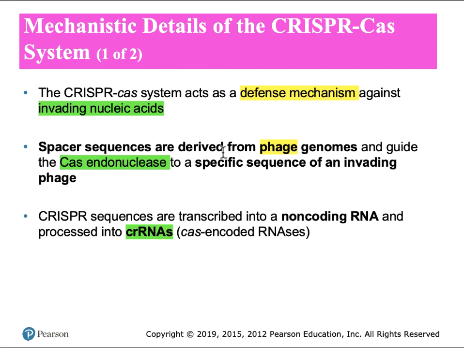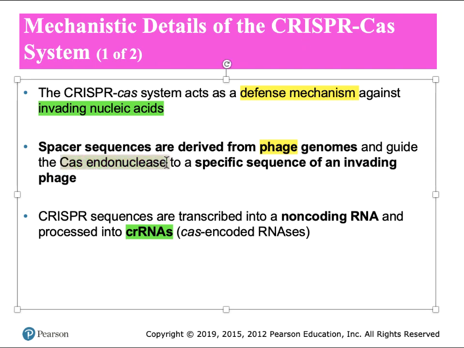So when a virus attacks a cell, sometimes the virus wins and the cell dies, and that's the end of the system. But if the bacterial cell wins the battle against the virus, a small section of the virus's genome is kept and then inserted into the spacer region on the CRISPR locus. So that becomes a memory of the viruses that had come across the path of this bacteria in the past.